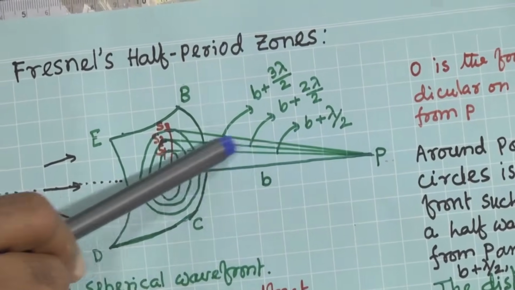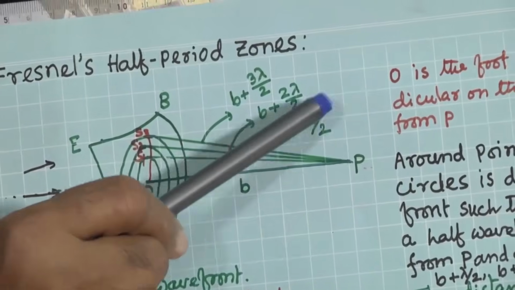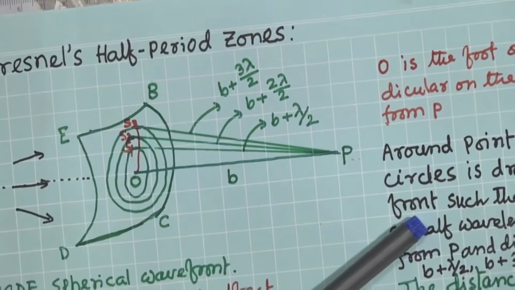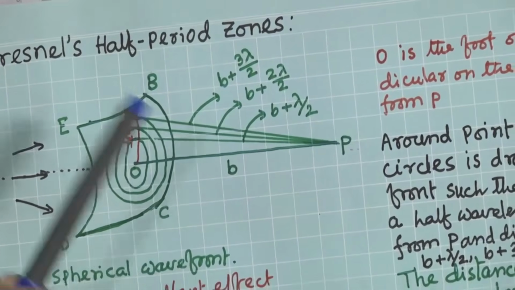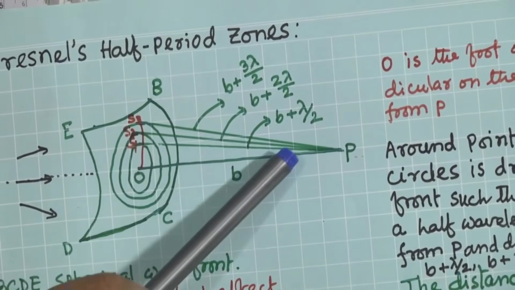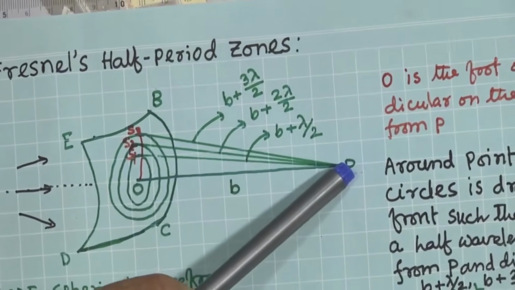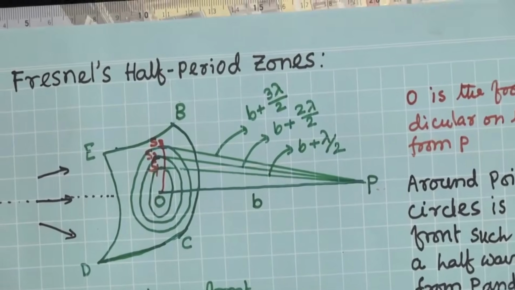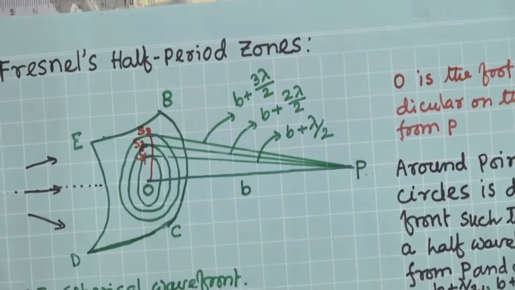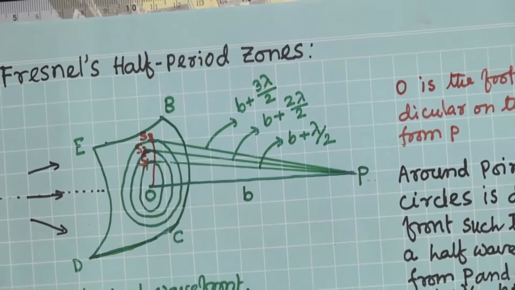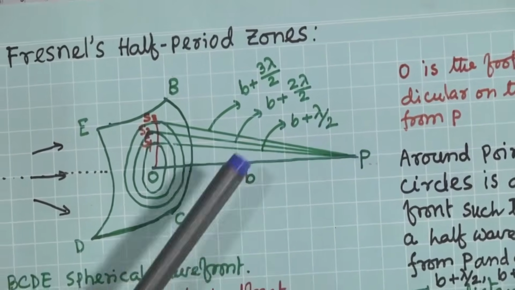If this distance is B plus lambda by 2, then the path difference between these two lights coming here will be lambda by 2. That means the phase difference will be pi, so they will be in opposite phase.